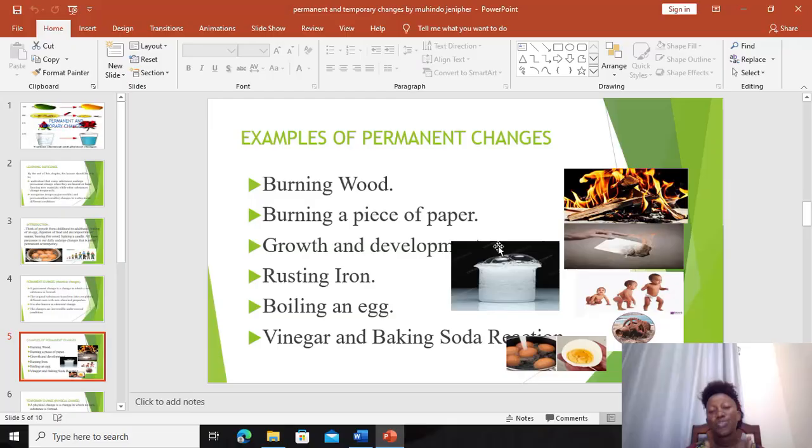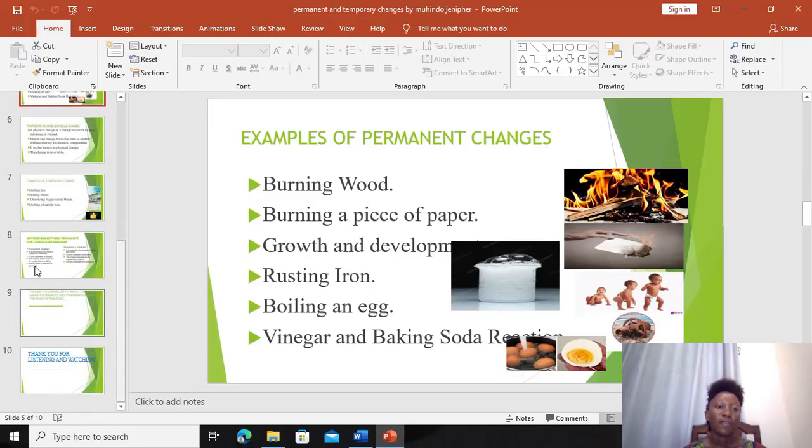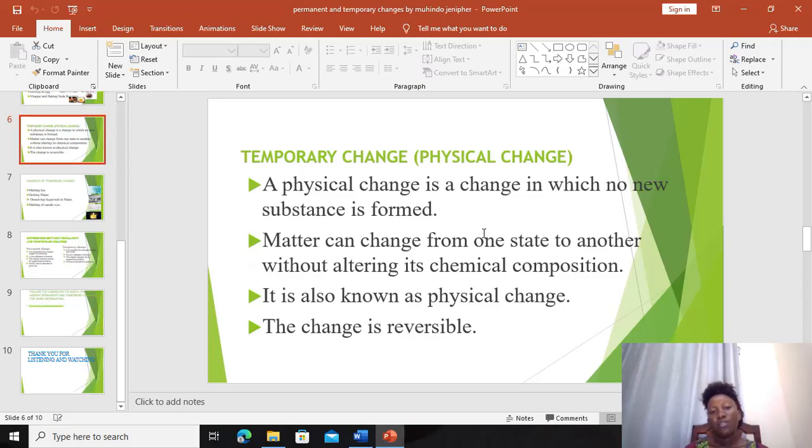These changes are permanent. Once a product is formed, it cannot go back to its original state, meaning the change is irreversible. So that is all about permanent changes.